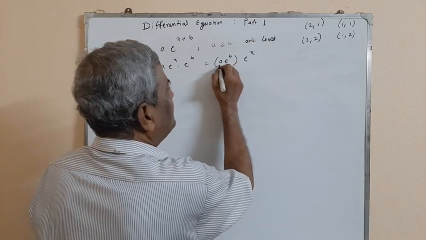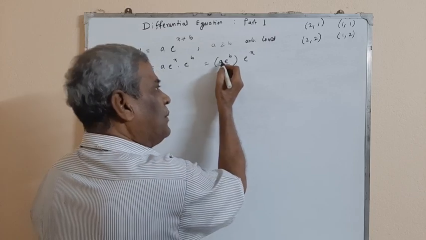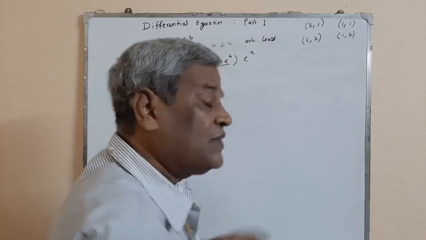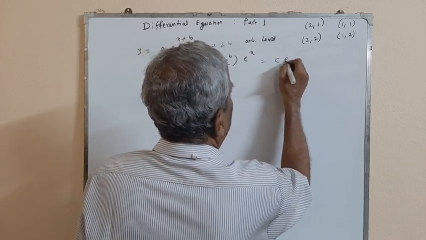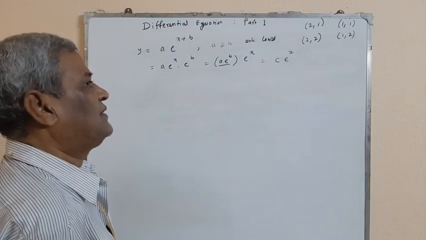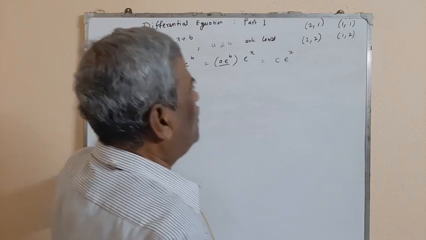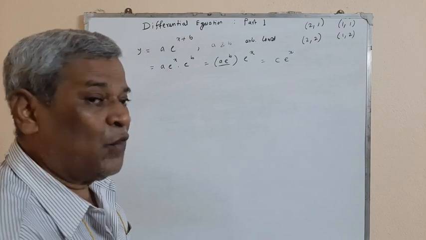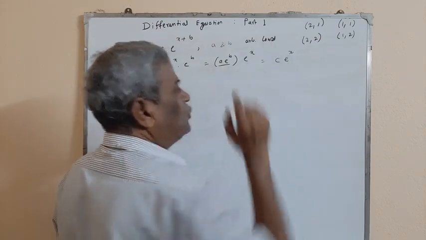The terms within the first bracket are all constants, arbitrary constants. This is constant, this is constant. Together they are a constant. So this can be written as c into e to the power x, where c is an arbitrary constant. So the relation becomes y is equal to c e to the power x.